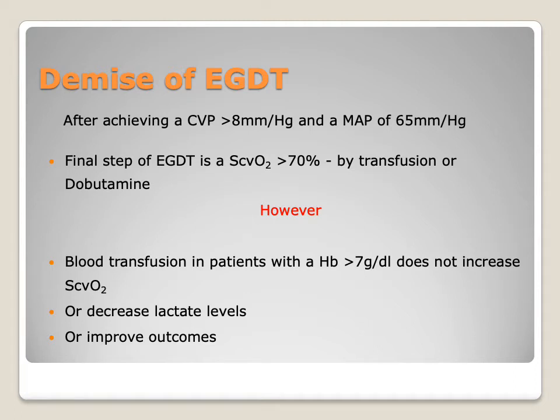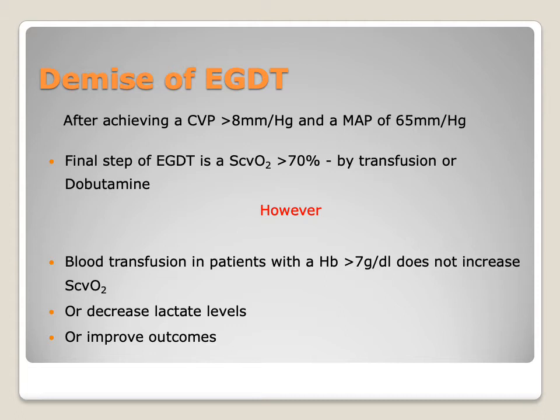After achieving central venous pressure more than 8 and keeping the mean arterial pressure more than 65, the final step of early goal-directed therapy was central venous oxygen saturation to be kept more than 70%, either by blood transfusion or by dobutamine.